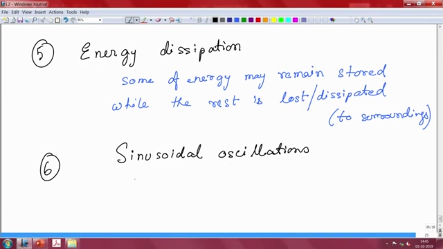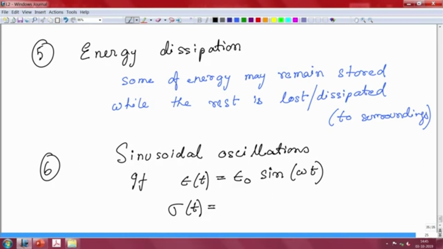So, if we apply epsilon equal to, let me write this epsilon, if you make in an experiment the strain a sinusoidal function of time, and then you measure the state of stress, this now will have an amplitude, and I will write both of them in a second.